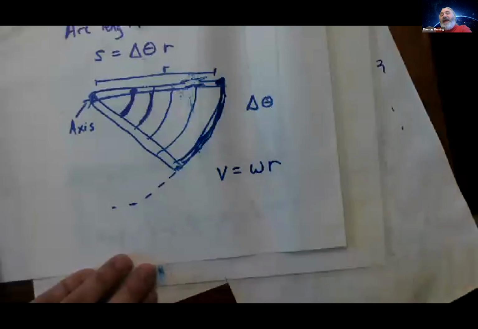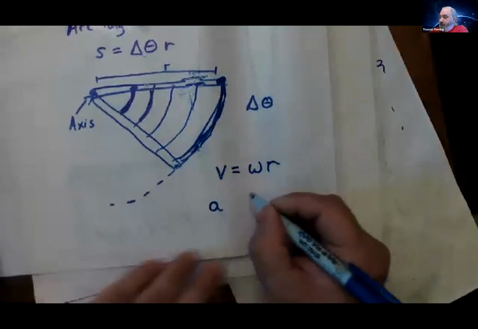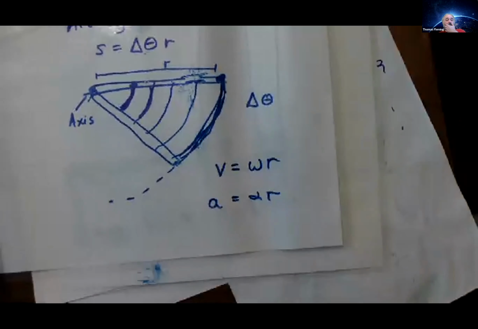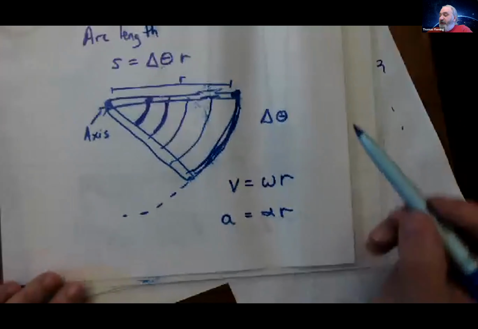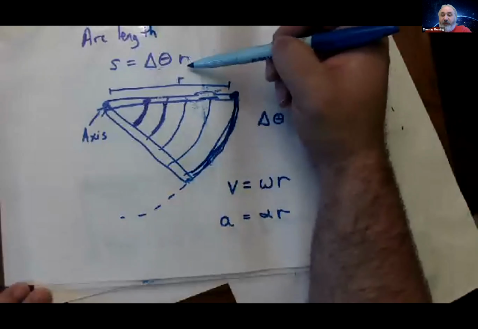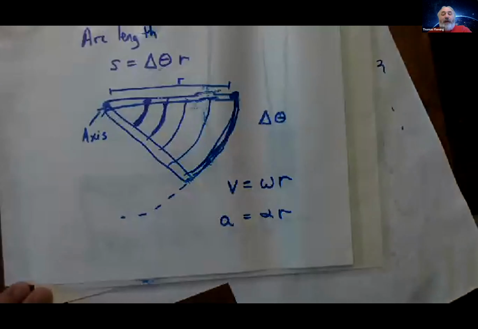If I want to know the linear acceleration, that's going to equal alpha times r. So I can go from angular variables to linear variables super, super easily, provided that my angular variables are in terms of radians.